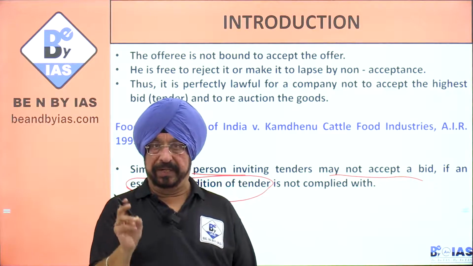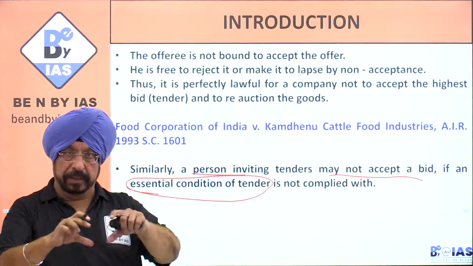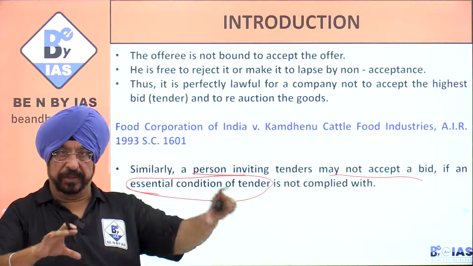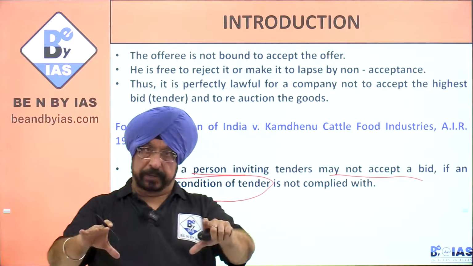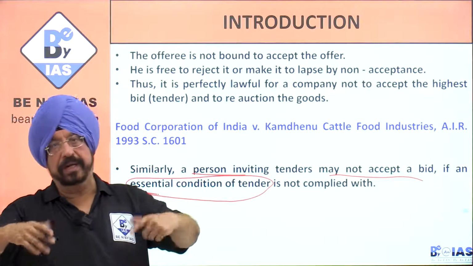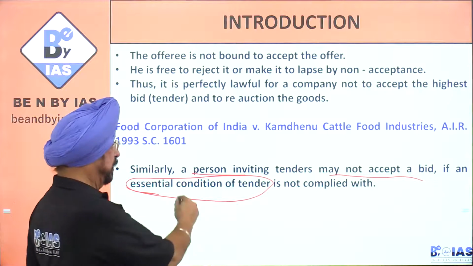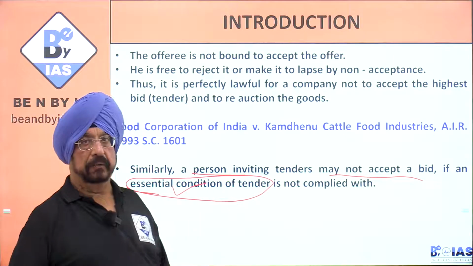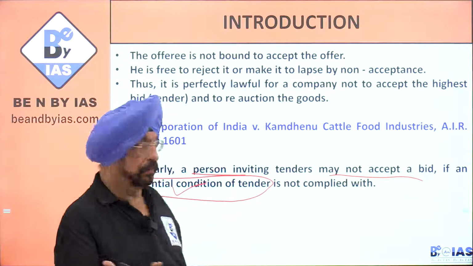So that means the tender, the bid, should have the earnest money in the form which is mentioned, whether in the form of a bank guarantee, a check, a postal order, whatever manner. So it is an essential condition of the tender. If that is not fulfilled, it will be straightaway rejected.